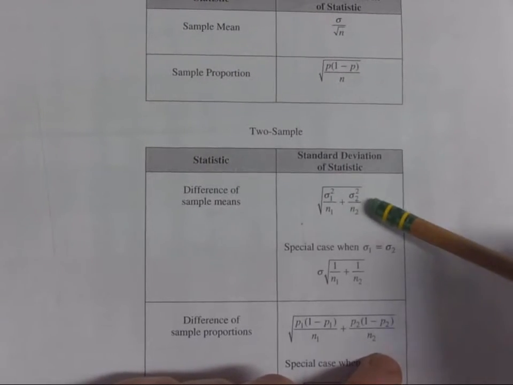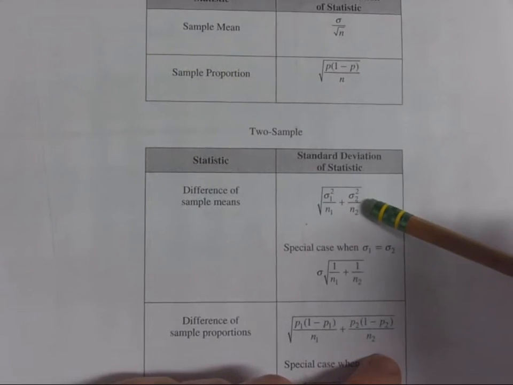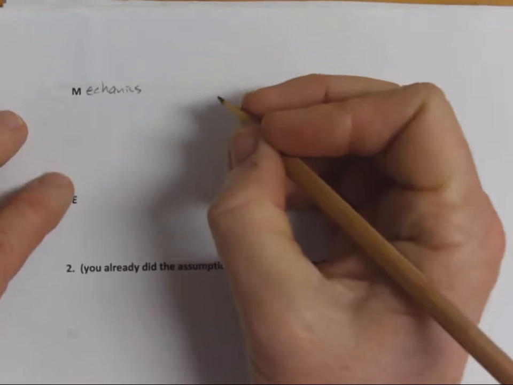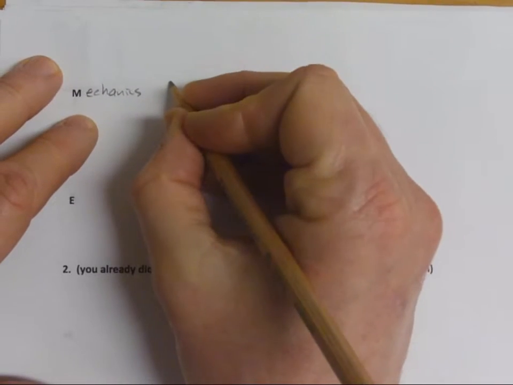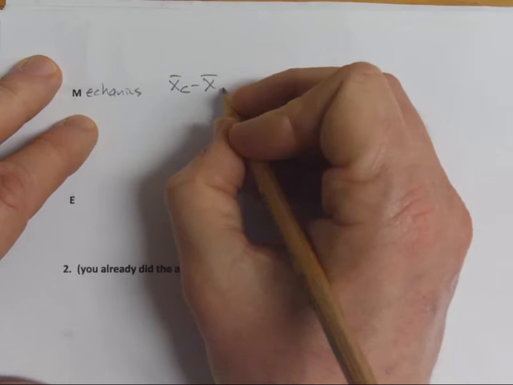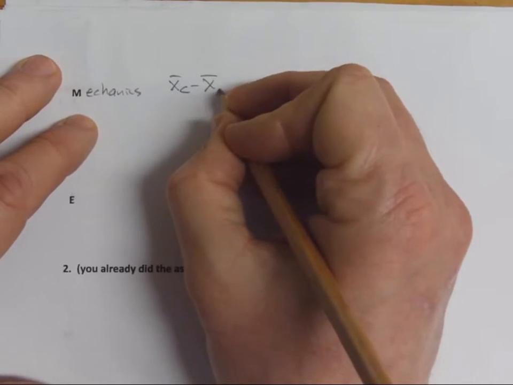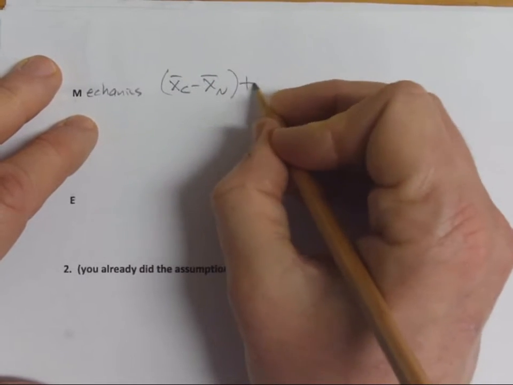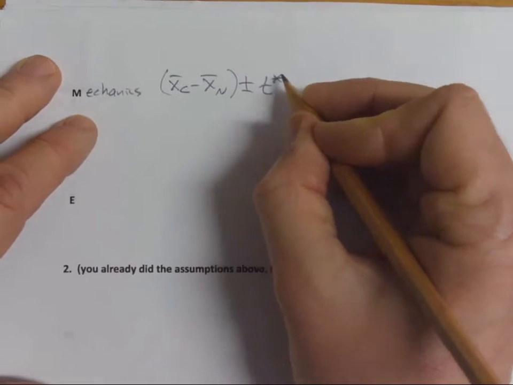So that is the one we're using in this section, which we demonstrated when we did our sampling distribution thing. So our statistic, and there's actually two of them, it's going to be x bar sub c minus x bar sub n. We're estimating, in essence, the difference. All right, plus or minus, our critical value is t star.